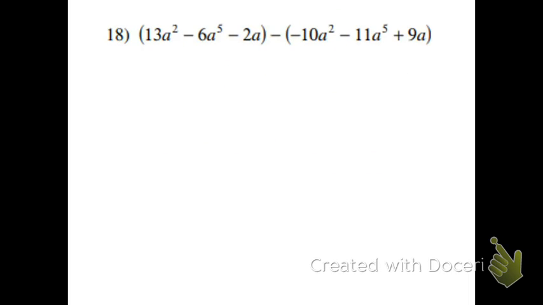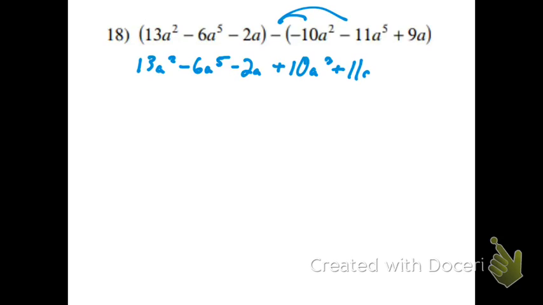Now this subtraction problem here, we're going to start by just rewriting 13a squared minus 6a to the fifth minus 2a, and then we have to distribute. So this becomes positive 10a squared, then plus 11a to the fifth, then minus 9a. Now once you have that done, you're combining like terms. I'm going to start with the highest degrees, which are there and there.